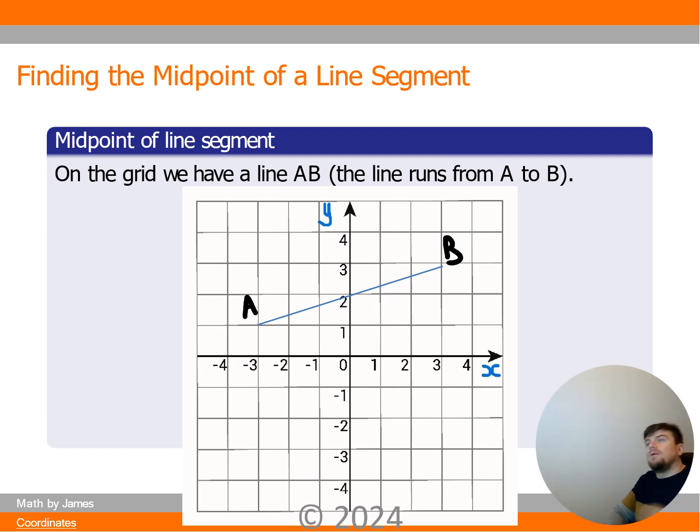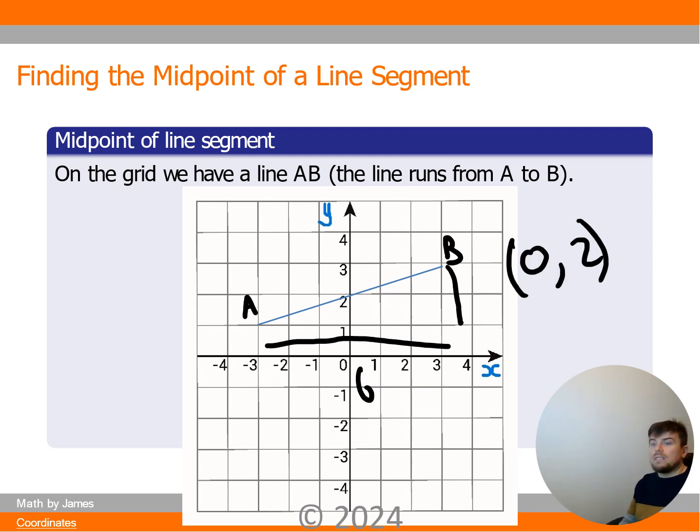So we know here that we've got 2 squares up or down, and we've got 6 squares along here. So we need to get the middle of both, so 3 squares along, 2 squares up. And that gets us to 0, 2.